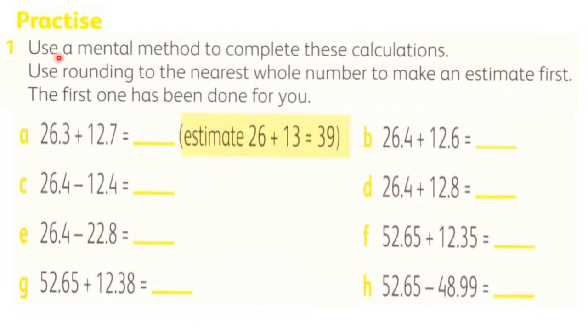Practice. Use a mental method to complete these calculations. Use rounding to the nearest whole number to make an estimate first. The first one has been done for you. Copy and complete these in your exercise book.